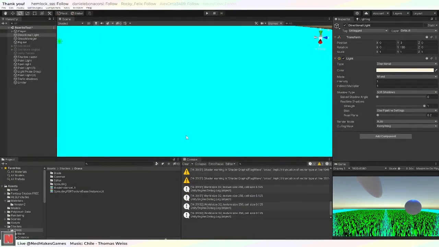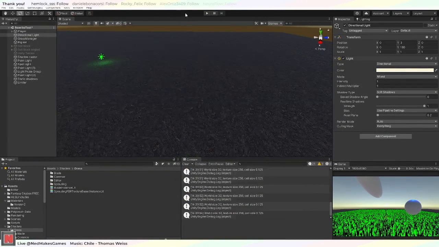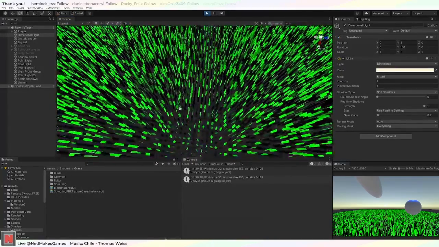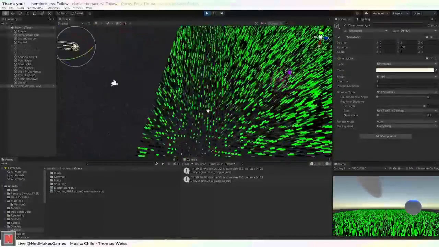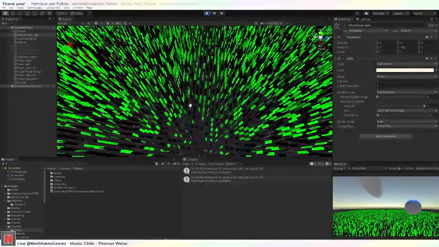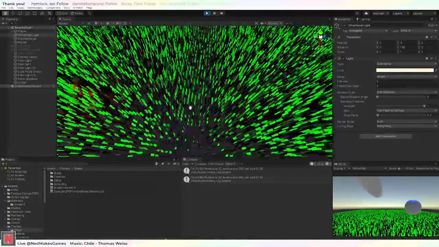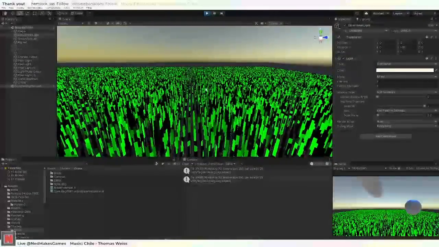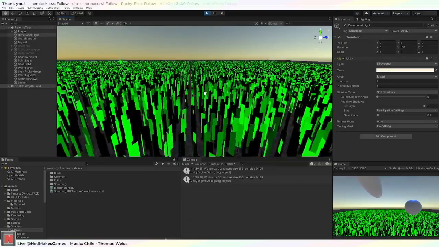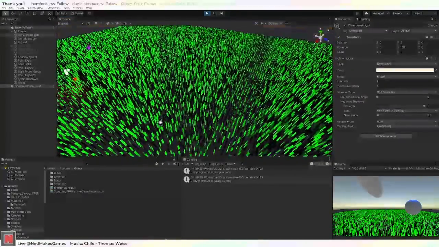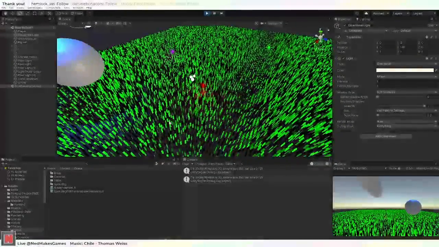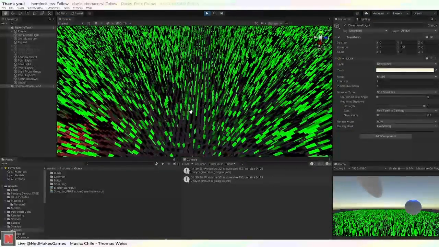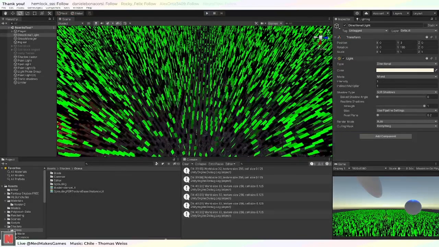So let's see. Seems to work. You know, it might not. Okay, I guess I could try to switch between them with a keyword and see if the rotations are exactly the same.